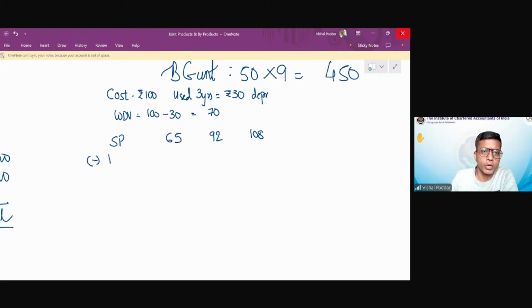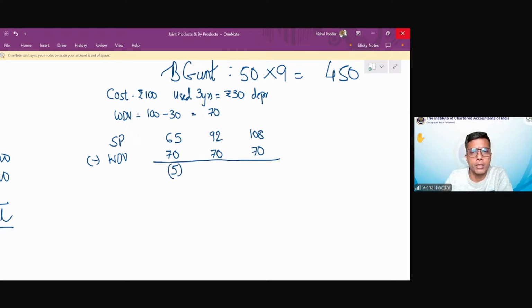Now, how do you calculate profit or loss in accounts? We simply subtract the WDV from the sale price of the asset. In the first scenario, I am showing a loss. In the other two scenarios, I am showing a profit. What is the loss saying? I am now talking about accounts. If it is a revenue profit or loss, take it to P&L. If it is a capital profit or loss, take it to balance sheet.